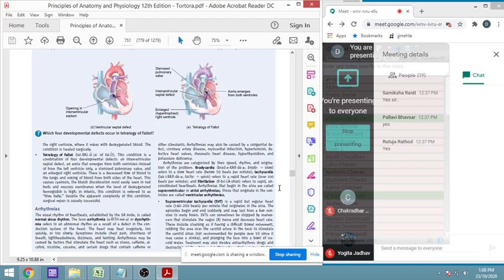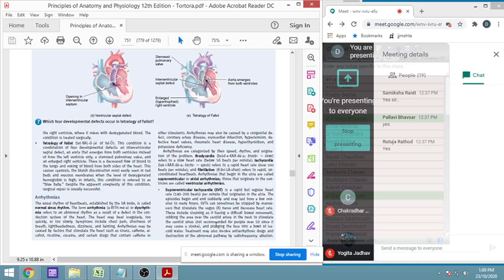So the distance between two R waves should be 0.8 second, because that is the normal heart rate. If it is not there, then we call it an arrhythmia or dysrhythmia, which refers to an abnormal rhythm.